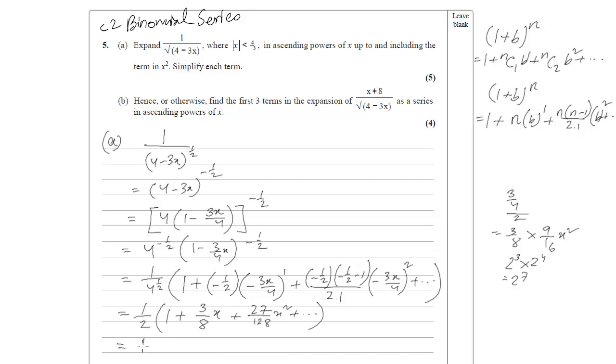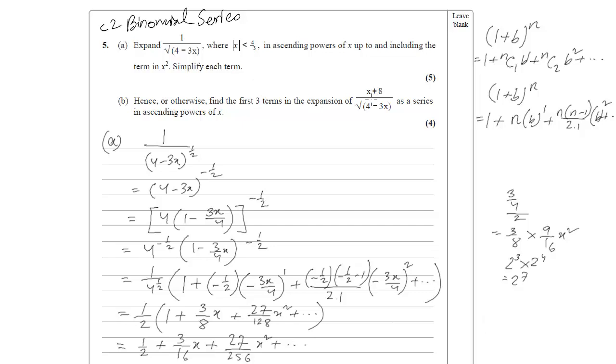So this is going to be now multiplied by half. Half into 1 is half, plus half into 3 by 8 is 3 by 16, plus half into 27 by 128, which is 27 by 256 x squared. So that's the approximate expansion.